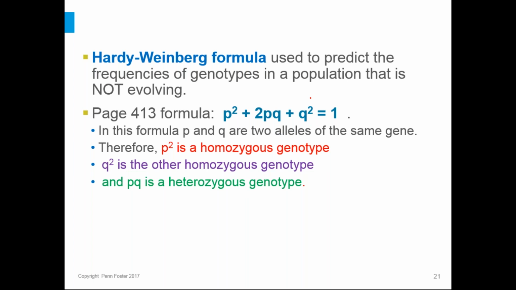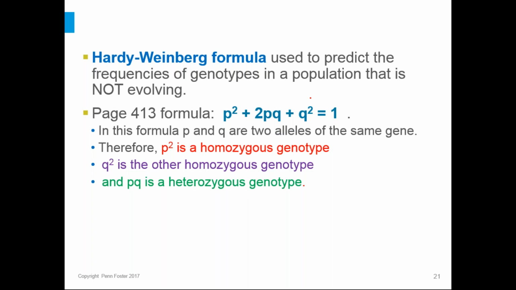So in the next couple slides, I've got examples, and I try to keep them color-coded like this. P is going to be the dominant allele. P squared is homozygous dominant, and that's going to be red.